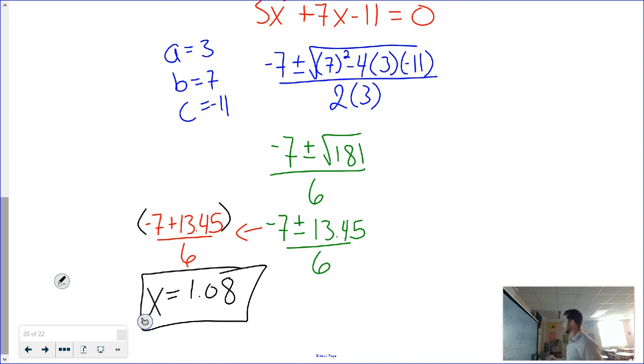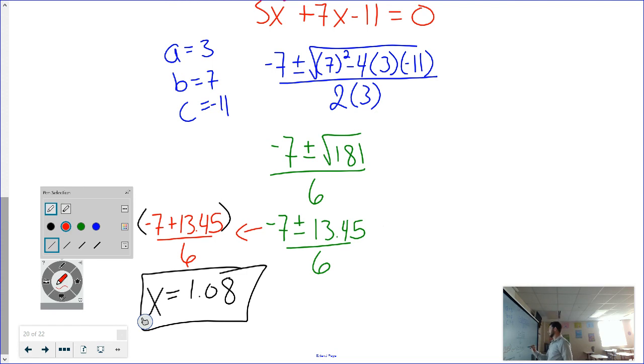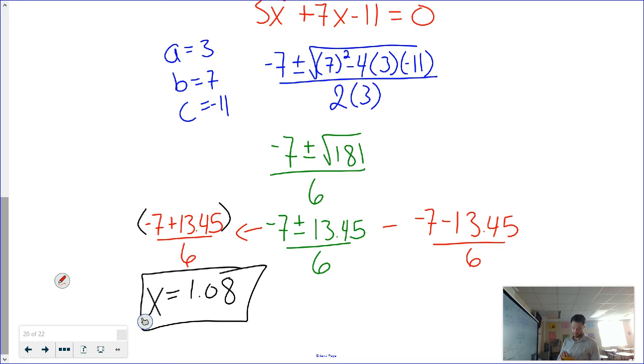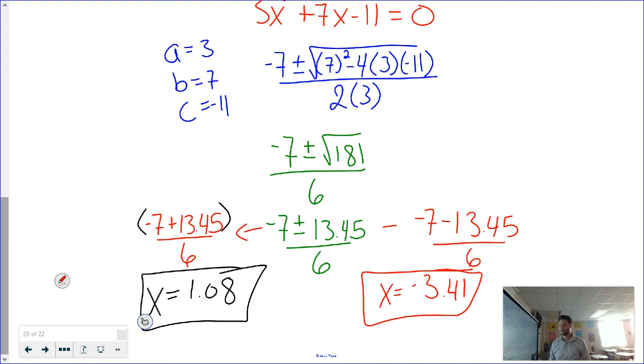There's one answer. And do the same thing over here. Say, hey, wait a minute, what about when I do the minus? -7 minus 13.45 over 6. Well, -7 minus 13.45 is -20.45, divided by 6 gives -3.41.